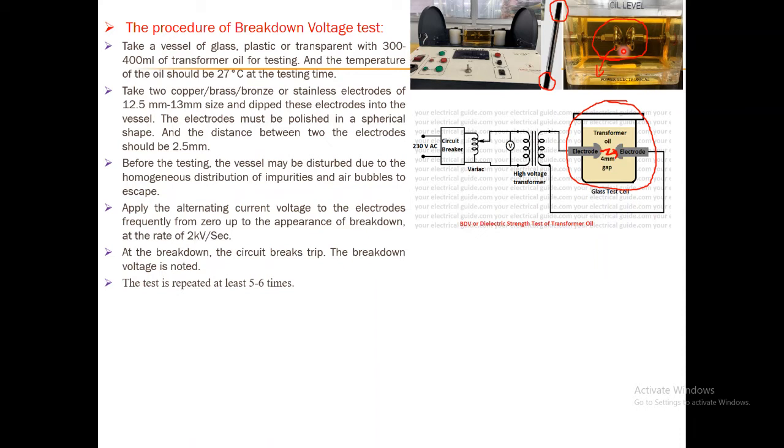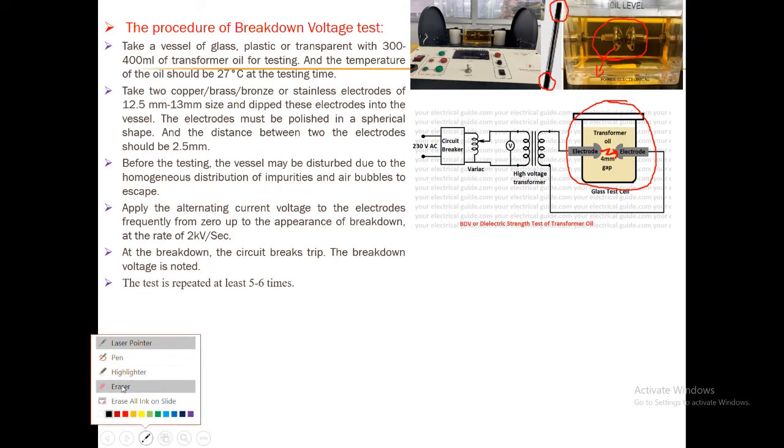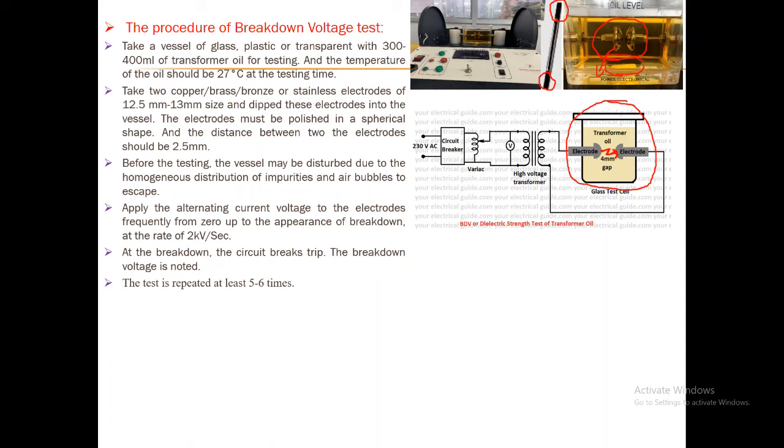First we need to remove that moisture, and to remove it, we create a heating effect by means of the spark production. So the first voltage we have to avoid, known as the first discharge inception voltage, to eliminate any moisture content present in the area of the spark. The first value is normally avoided.